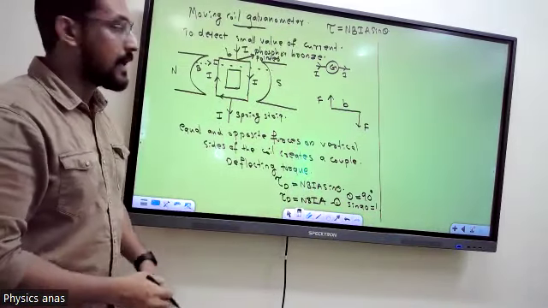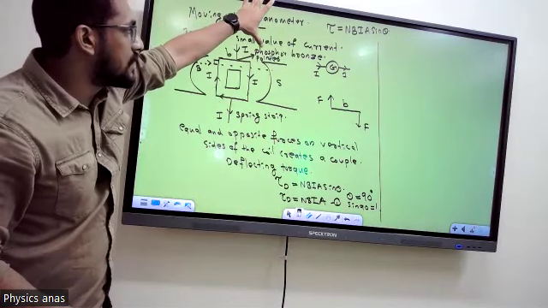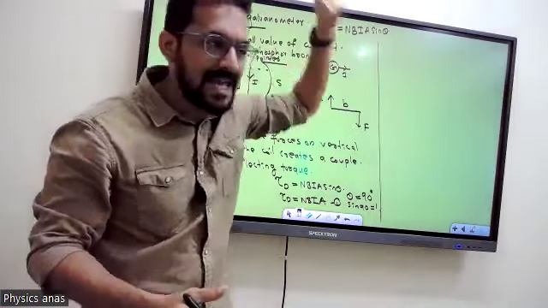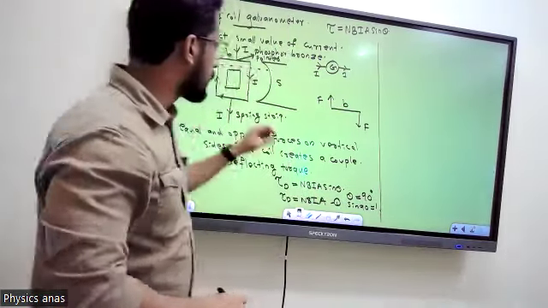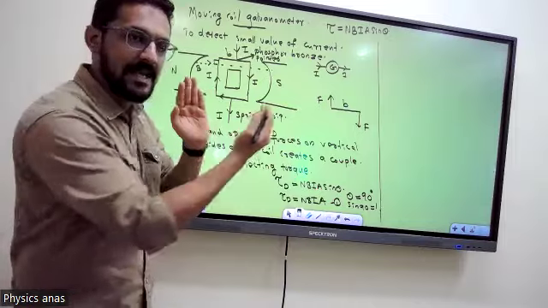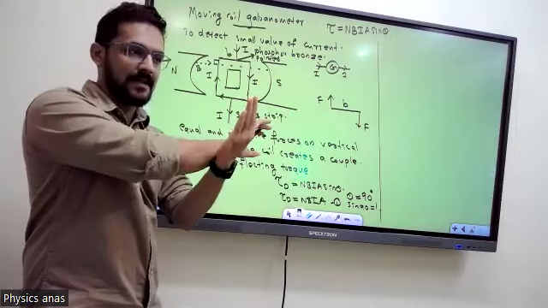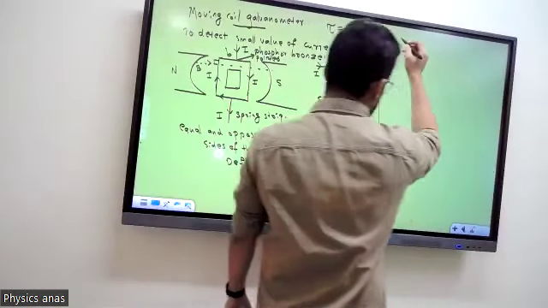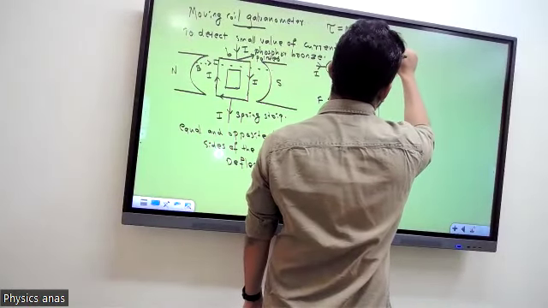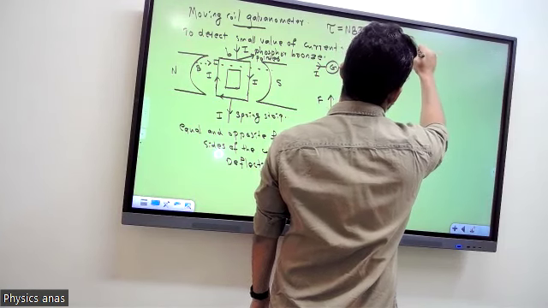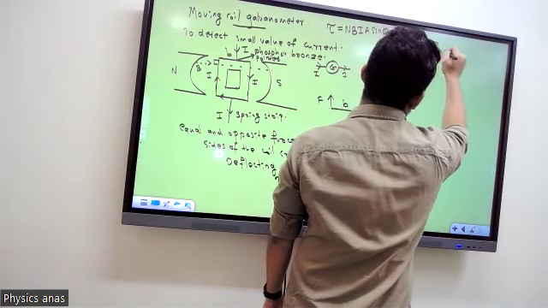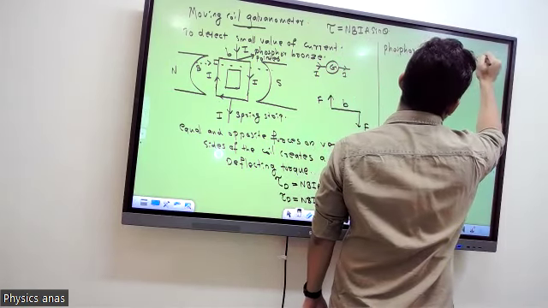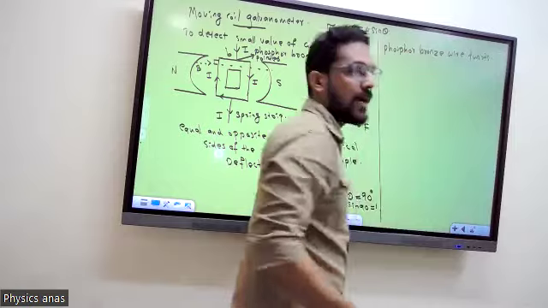And I just told you this is a phosphor bronze wire, and this phosphor bronze wire has high elasticity. If the coil rotates like this, the phosphor bronze wire twists.